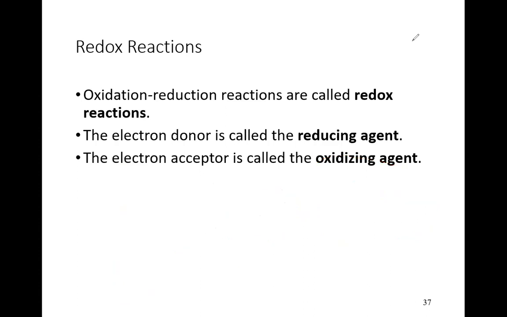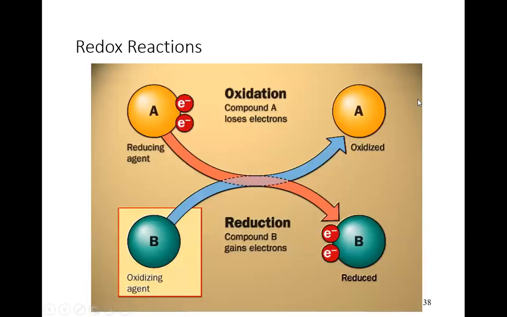Now, let's see if I can make this any better for you. Okay, this is an incredibly confusing picture. I'll just tell you that. But if you trace the line, look at compound A to the upper left, it has 2 electrons. It is the reducing agent. It has electrons it wants to give away.